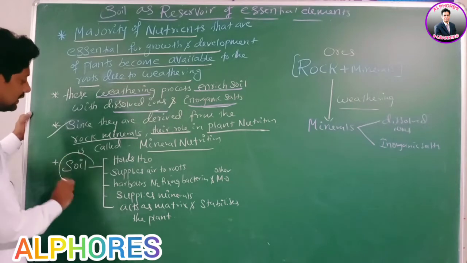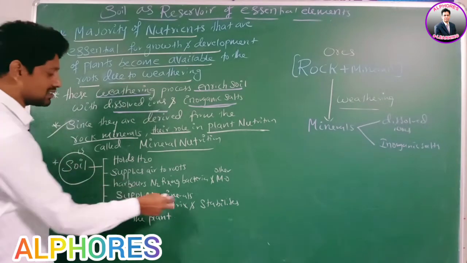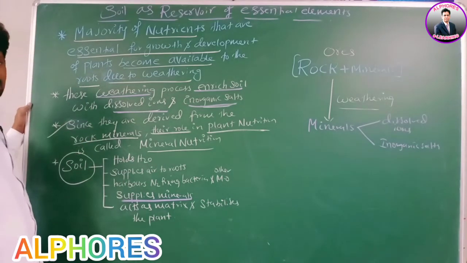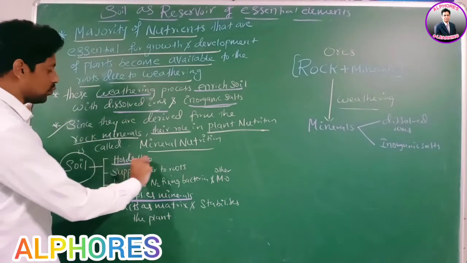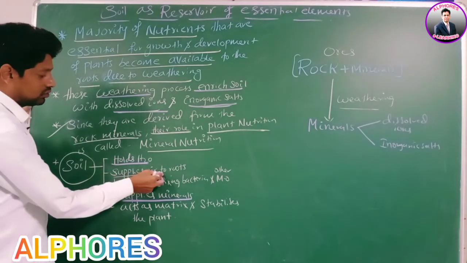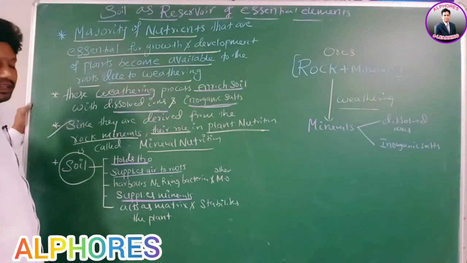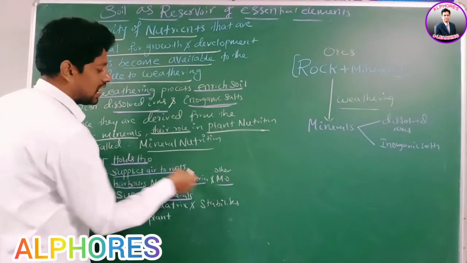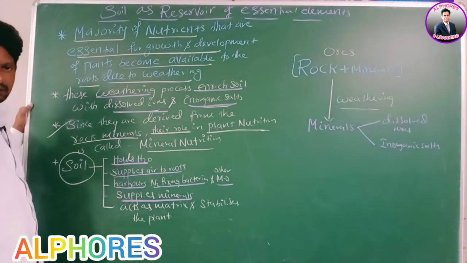Sir, soil is not only providing minerals to the plant. It also holds water that is required for the plants. It provides air to the roots. It gives shelter to the nitrogen fixing bacteria and other microorganisms.